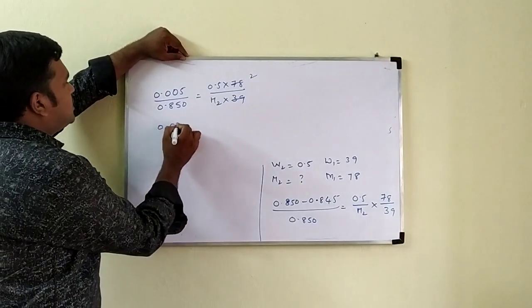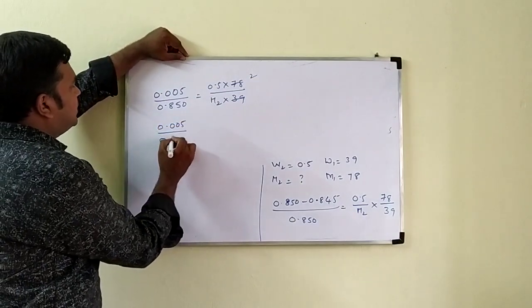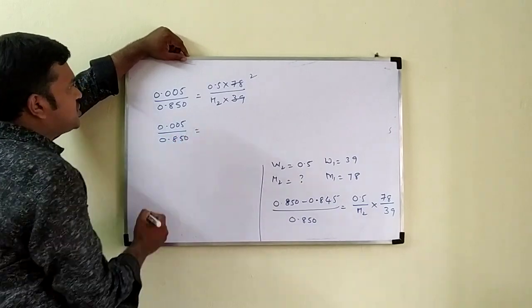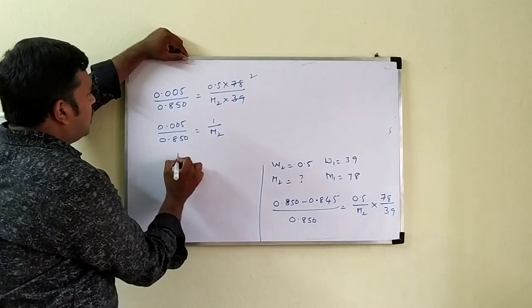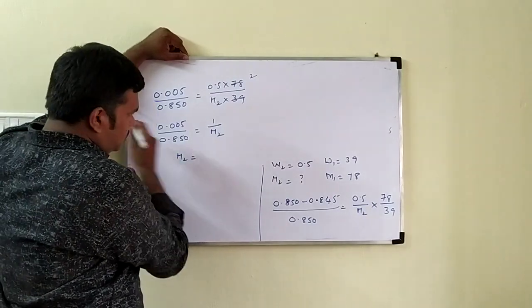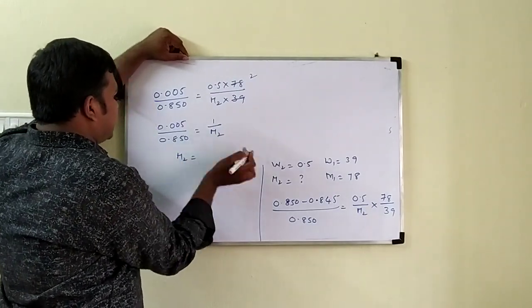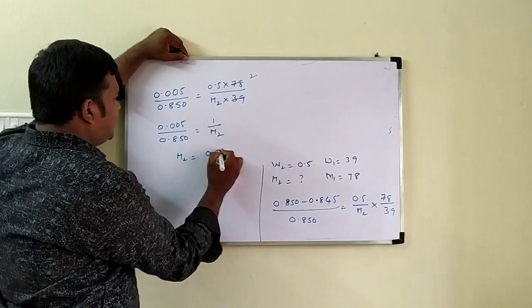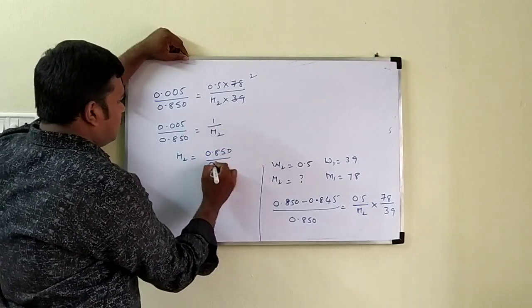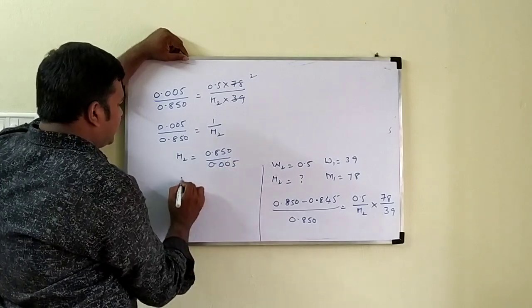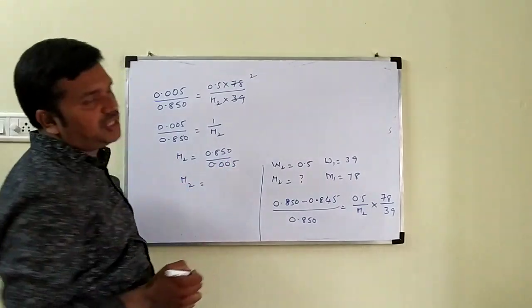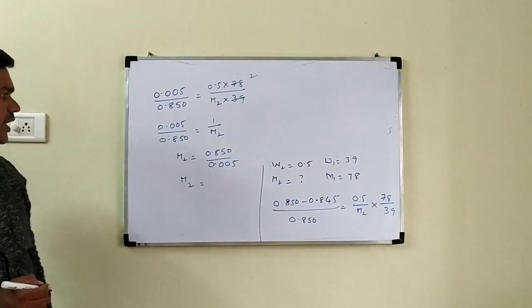Now we are getting 0.005 by 0.850 is equal to 0.5 into 2, that is 1, by M2. Now we get M2 is equal to, by cross multiplication, 0.850 by 0.005.